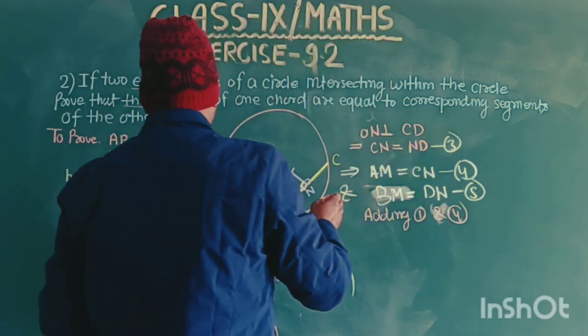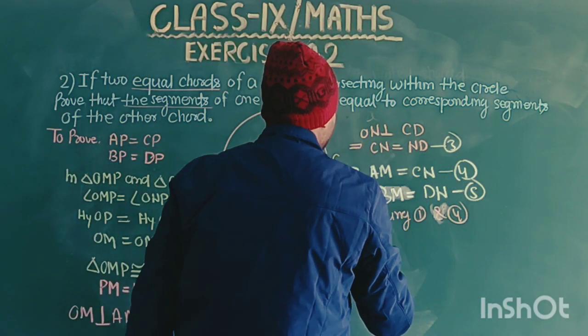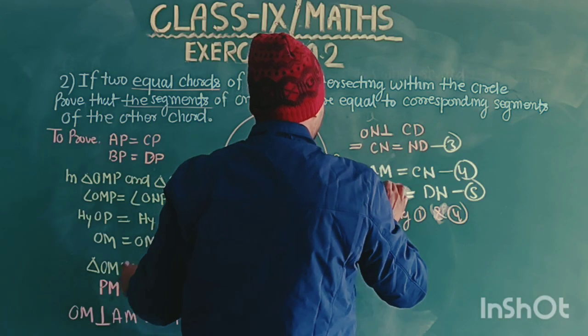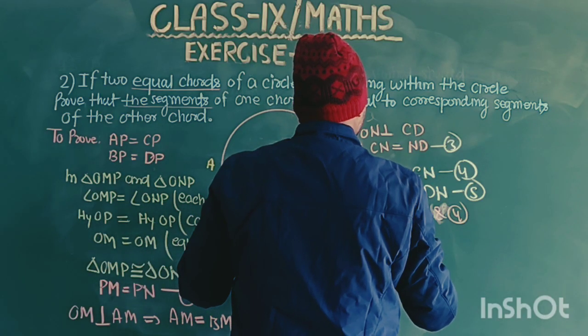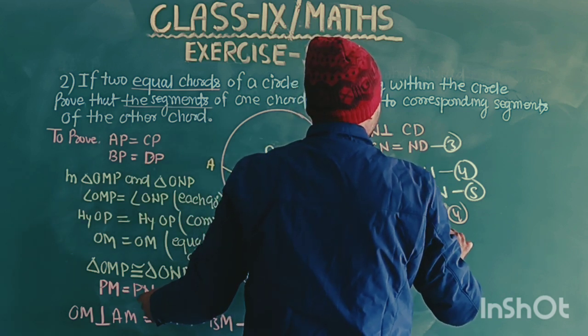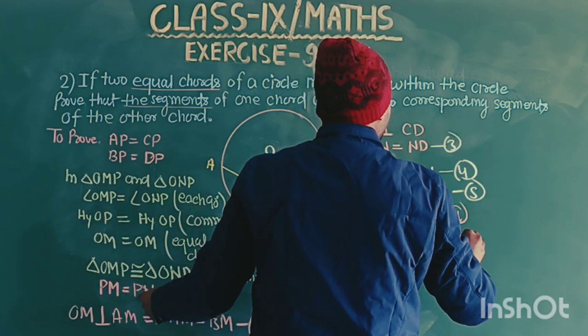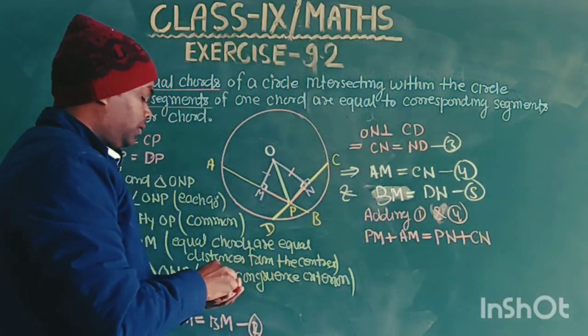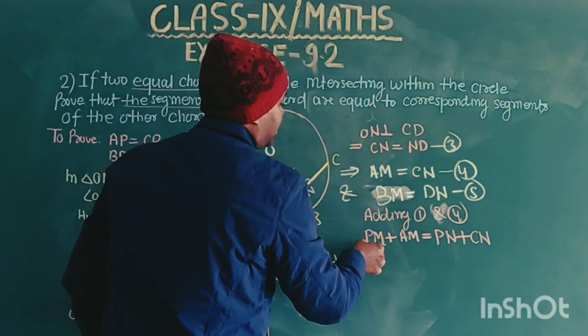After adding we will get on the left side PM and AM, and on the right side PN and CN.